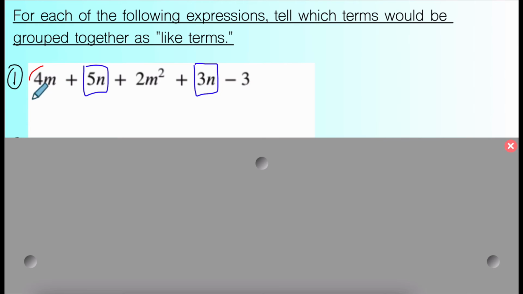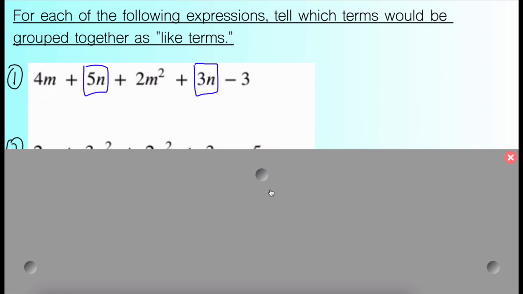I also notice I've got 4m and 2m squared. Just kidding, those are not like terms. They both have an m, but this one has an exponent of 2 and this one doesn't have an exponent. So they're kind of similar, but they would not be considered like terms. So this first expression only has one pair of like terms, and that would be 5n and 3n, nothing else.